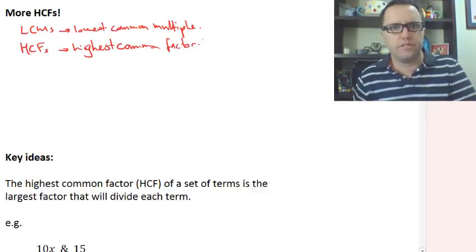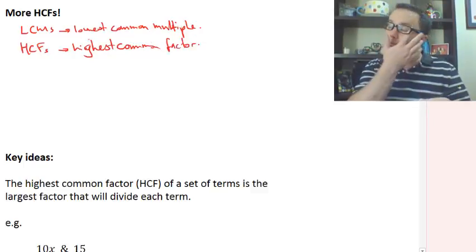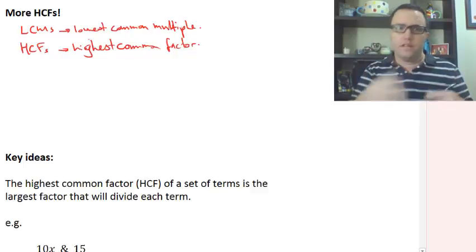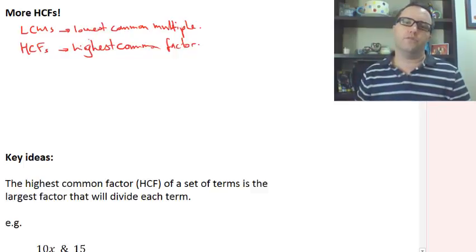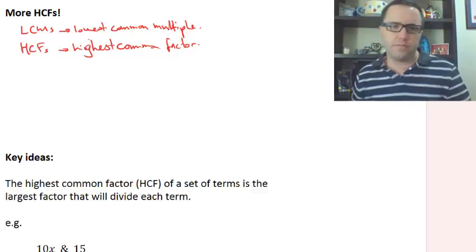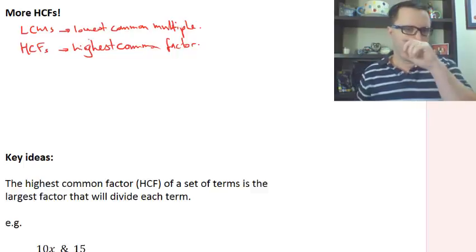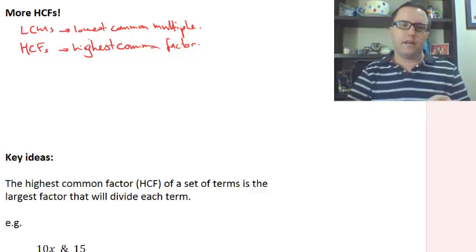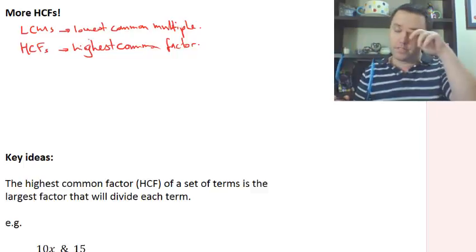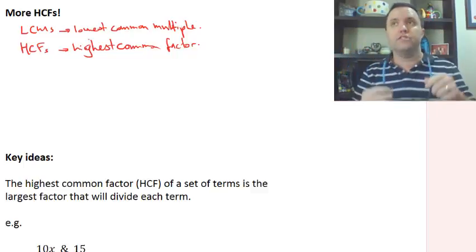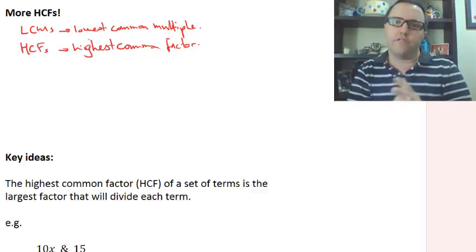So remember those two different things. Lowest common multiples, like if you had 5 and 10, the lowest common multiple between those two would be 20. Okay, and our highest common factor of two numbers is the largest number that's going to divide into both of them without giving any kind of remainder at all.